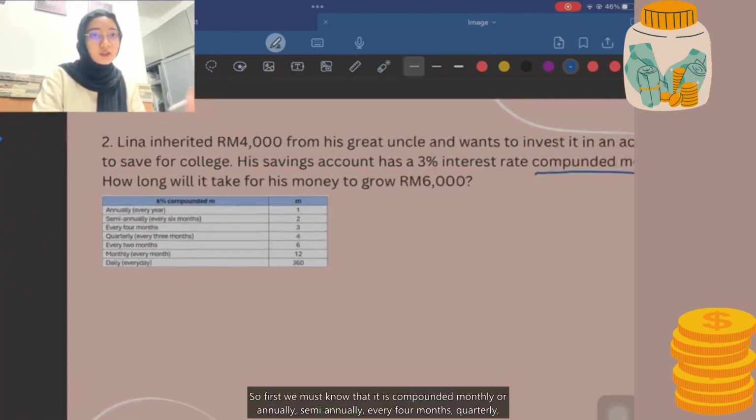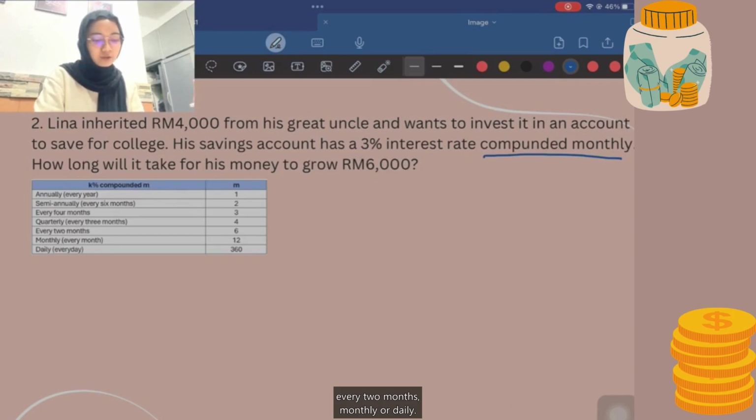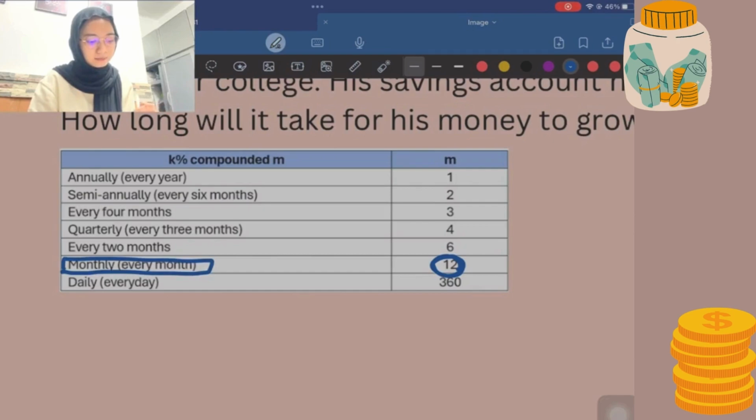First, we must know whether it is compounded annually, semi-annually, every 4 months, quarterly, every 2 months, monthly or daily. Then we can know our value for the M. So from the question, we know that it is compounded monthly. So automatically our M is equal to 12 because it is compounded monthly.